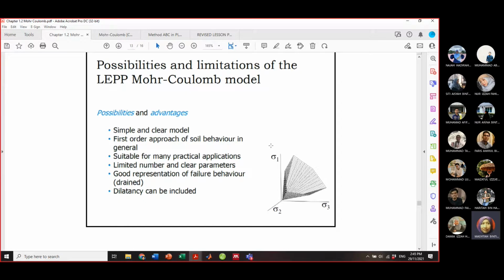That's why for the beginning, it is advised to you to use the simple Mohr-Coulomb model. But depending on the applications or depending on your case study, if you are dealing with some kind of excavations, maybe Mohr-Coulomb is not more realistic to be used.